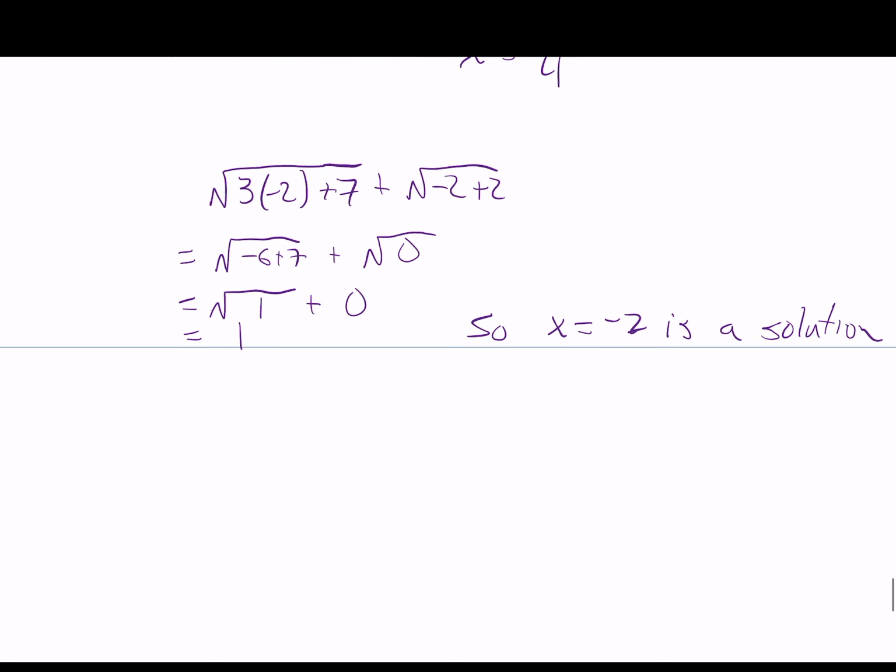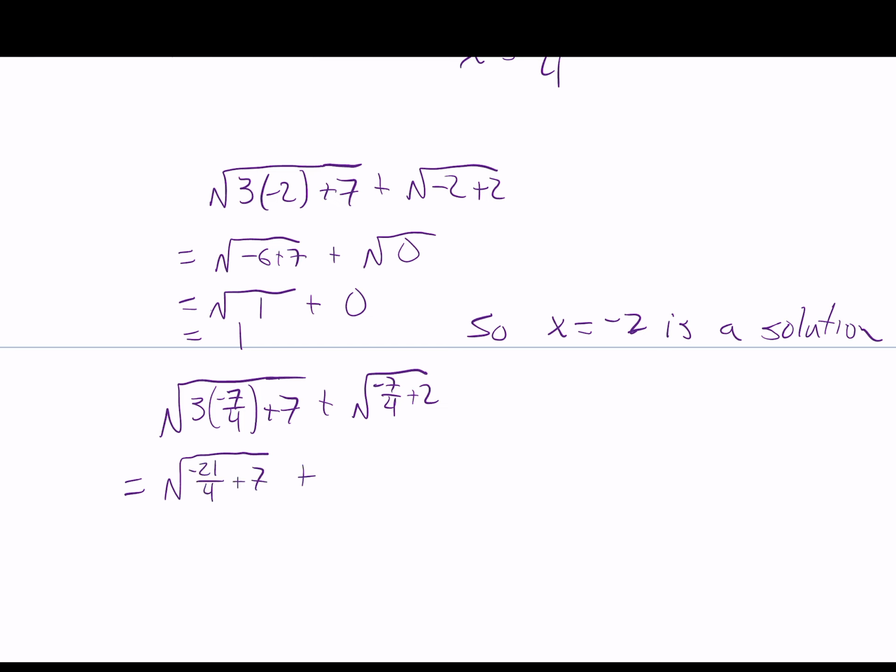Let's plug in x is equal to negative 7 over 4. So again, we have the square root of 3 times negative 7 over 4 plus 7 plus the square root of negative 7 over 4 plus 2. Well, that gives us the square root of negative 21 over 4 plus 7 plus the square root of negative 7 over 4 plus 2. We can get a common denominator here of 4 in the first radical.